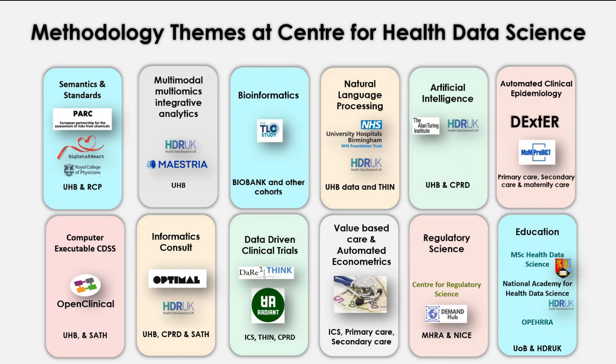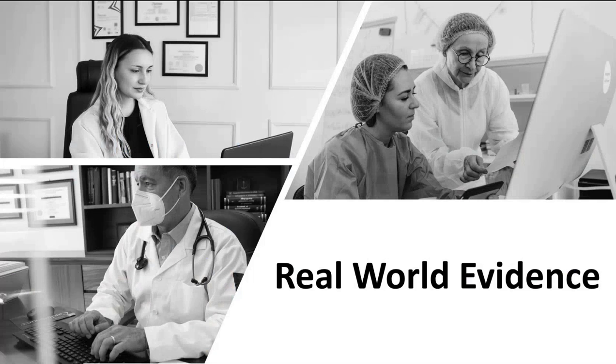So we wanted to bring plenty of methods, but also we wanted to enable data, not only clinical data, but also bioinformatics data. This is the omics and genetics data. So for that purpose, we created this center here at University of Birmingham.